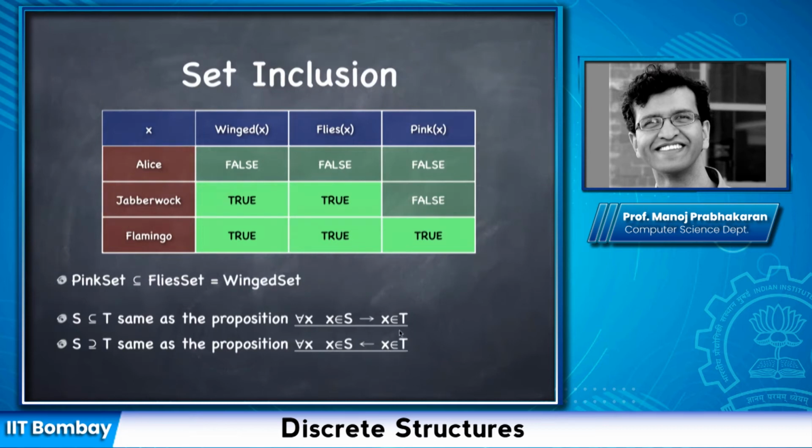It says if X is in T, then X is in S, and this holds for every X. So you could take this as the definition of set inclusion. And set equality is simply saying, X is in S if and only if X is in T. So for every X, X is in S if and only if X is in T, or in other words, S is contained in T and T is contained in S. That's when S equals T.